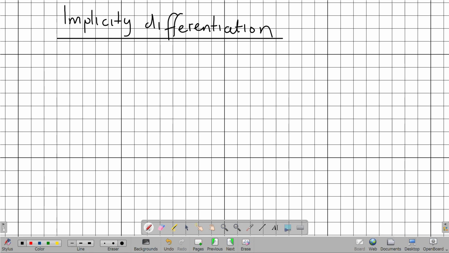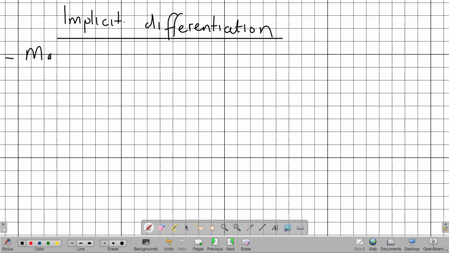Right, I'm going to explain the process of implicit differentiation. Implicit differentiation, by definition, I can write it down here.